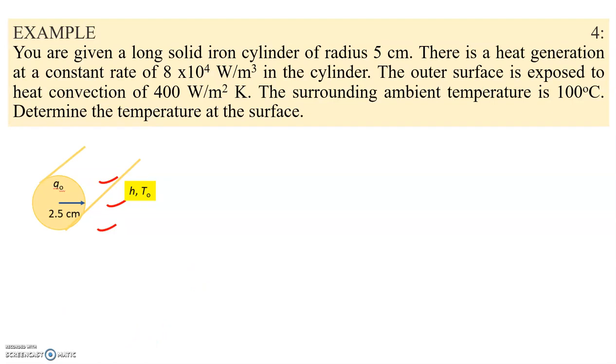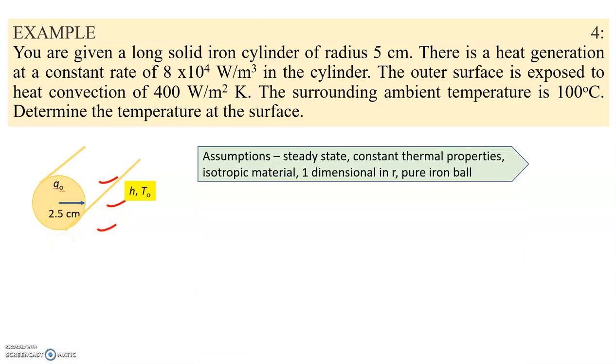The last example is a long solid iron cylinder of radius 5 cm. Heat is being generated in the cylinder, the outer surface is exposed to heat convection with the surrounding at 100 degrees C, and you are to determine the temperature at the surface. Okay, so an infinitely long cylinder. Sketch of the cylinder.